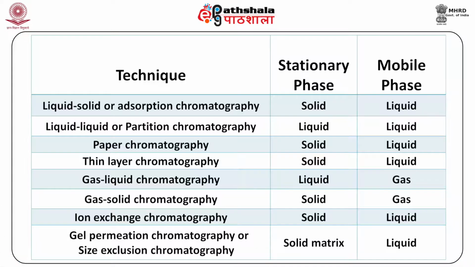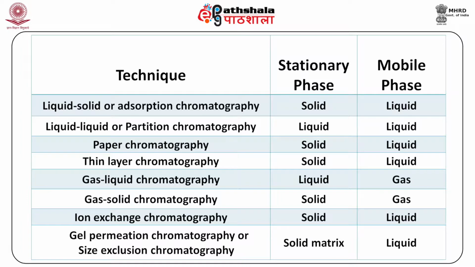There are various types of chromatographic techniques, and some of them have been tabulated in the table as shown. In the first column, we have shown the technique, the next column shows the stationary phase, and the third column shows the mobile phase. Starting with the first, we have liquid solid or adsorption chromatography, as in HPLC, wherein the stationary phase is solid and the mobile phase is liquid.